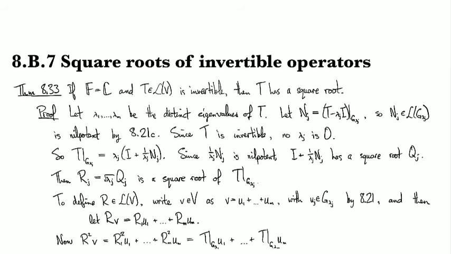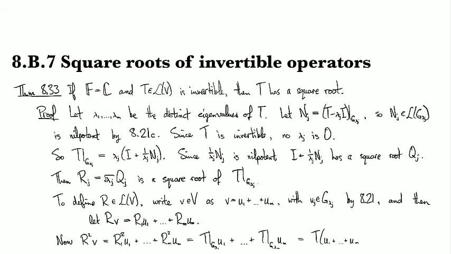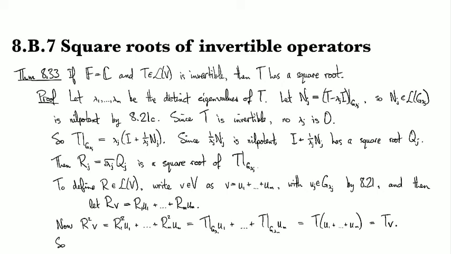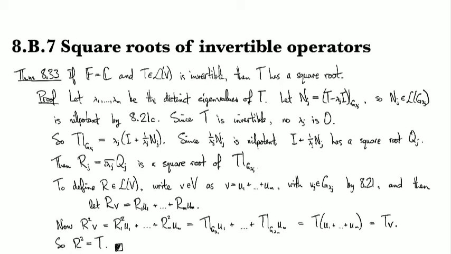And that's the same thing as T applied to U_1 up to U_M, which is T V. And that was for any generic V. So we just showed that R squared is equal to T. So R, the R that we constructed, is an actual square root, and we are done.